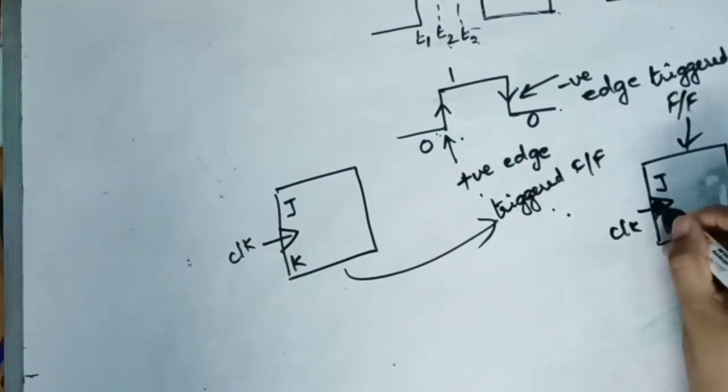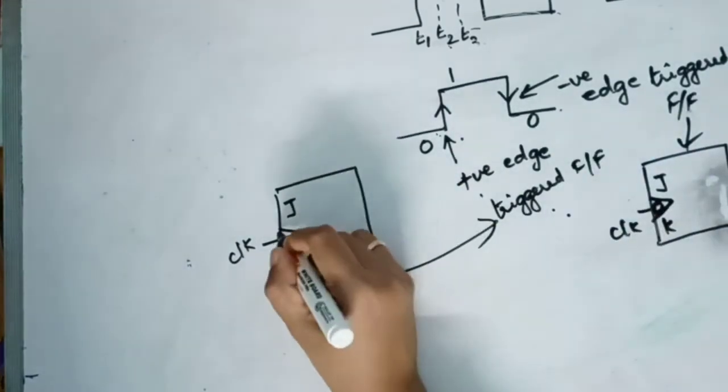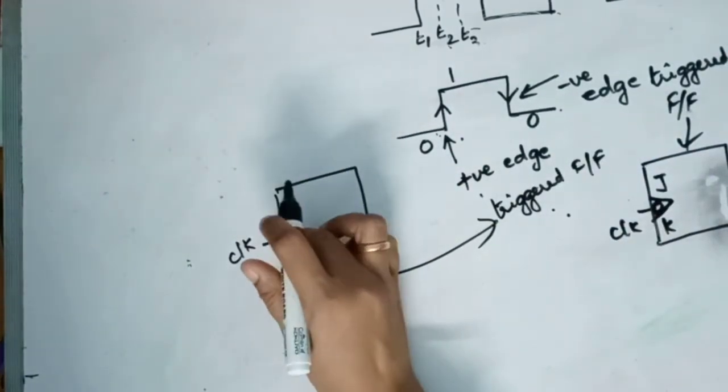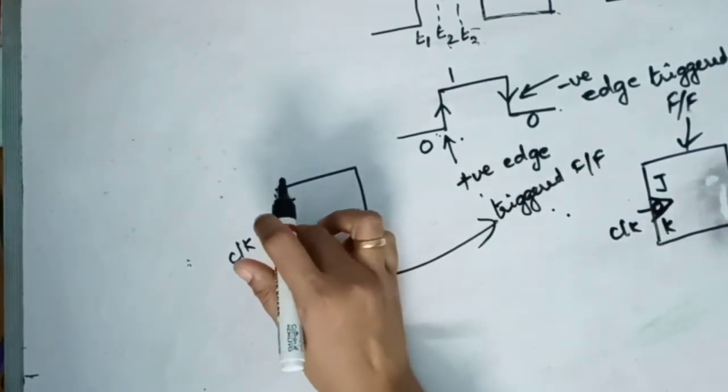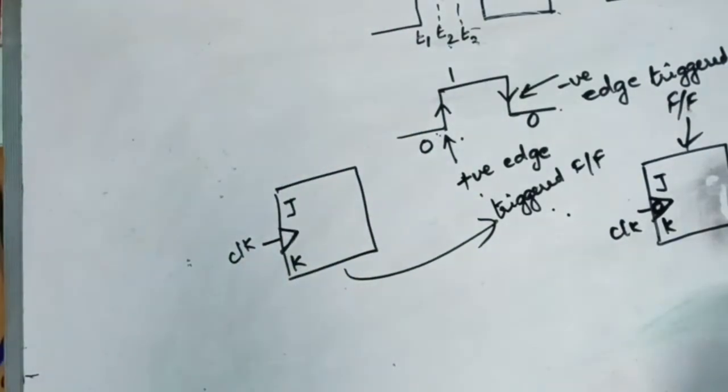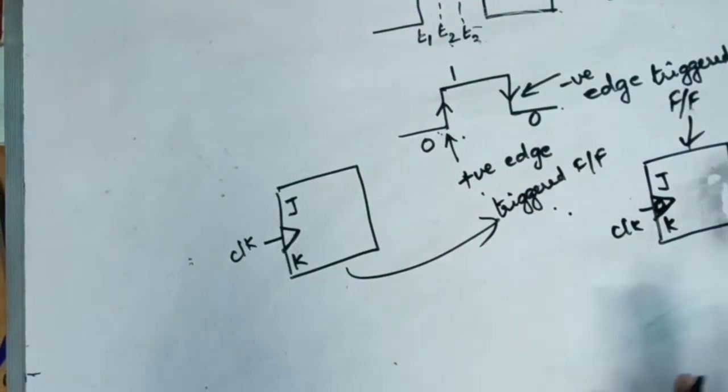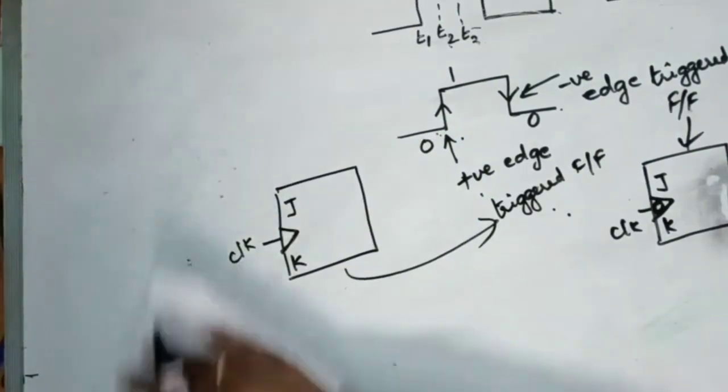Here you just have the arrow, no bubble. In practice you have both positive edge triggered and negative edge triggered flip-flops, but normally in labs we will be using negative edge triggered flip-flops. So that is one method.